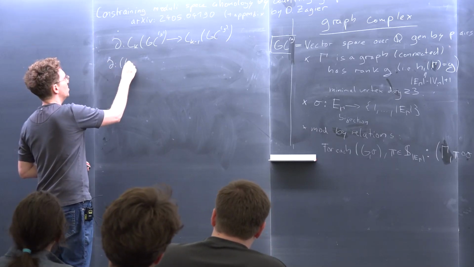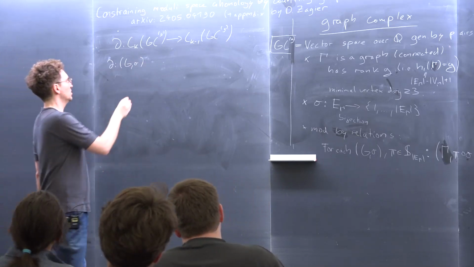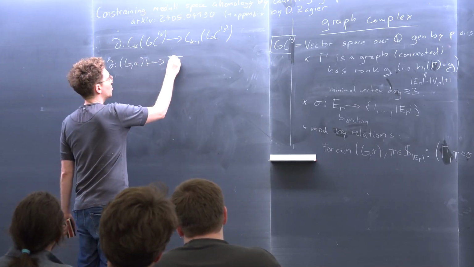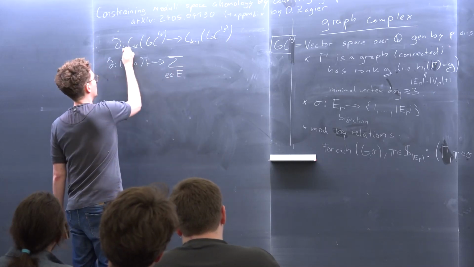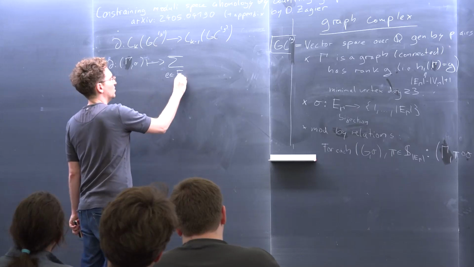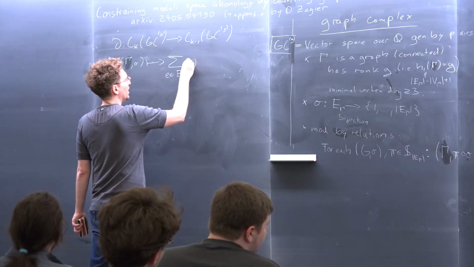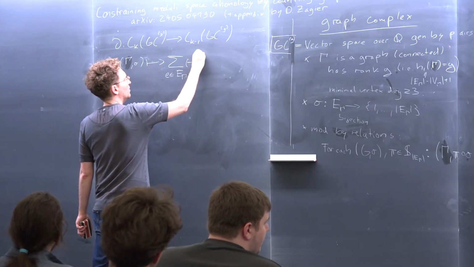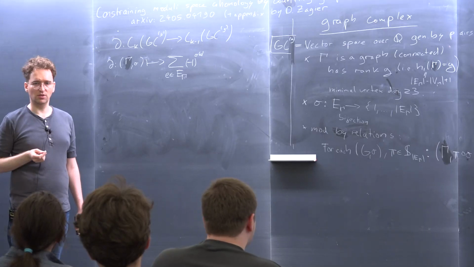The idea is very simple: we map a graph with this orientation to the sum over all edges of the graph, alternating with a sign given by this labeling, this ordering of the edges.